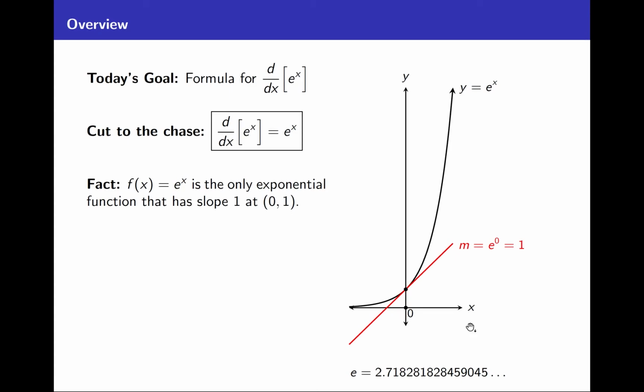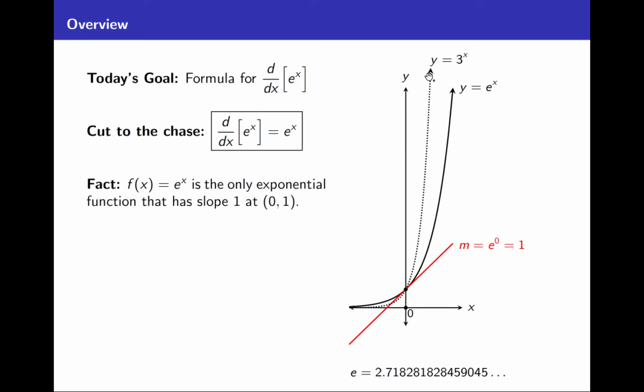To underscore this fact, think about the graph of y equals 2 to the power of x, the exponential function with base 2, which is smaller than e. So the graph of 2 to the power of x is not quite as steep as e to the power of x. And if you look at the slope of its tangent line at the point x equals 0, that slope is slightly less than 1.